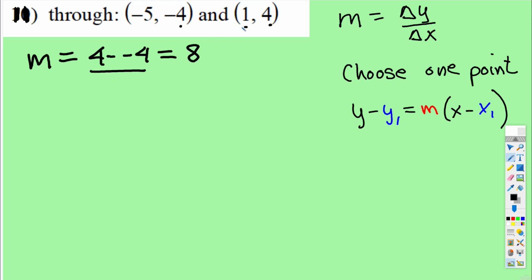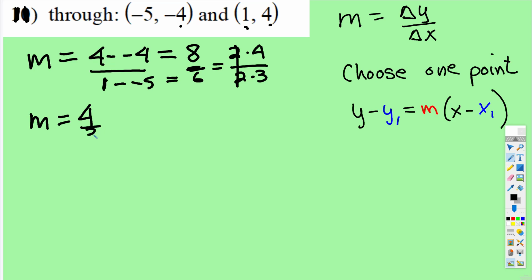And then our x2 subtract our x1. Well, 1 subtract -5 is the same as 1 plus 5. And those two both have a 2 in common. That's 2 times 4. That's 2 times 3. That cancels. So we now know our slope is 4/3.